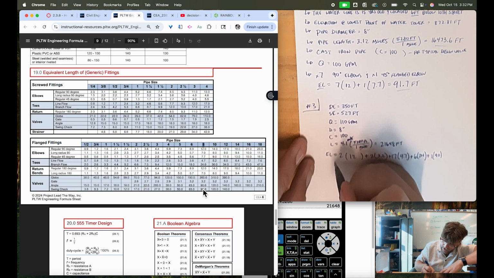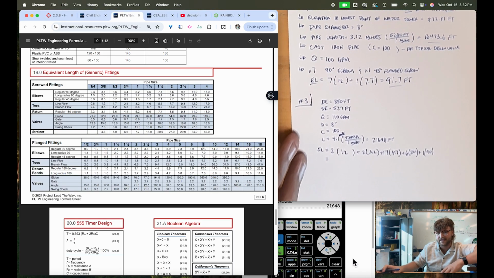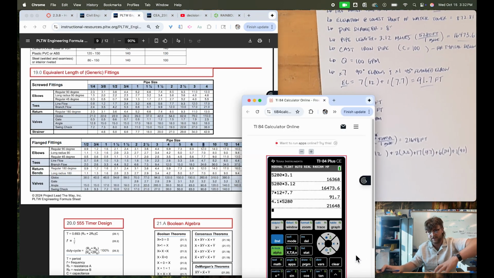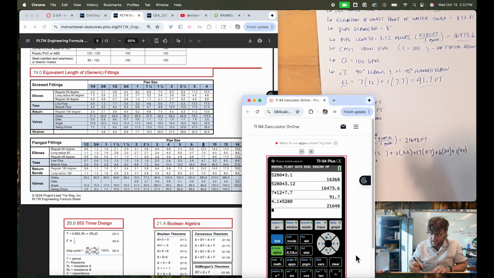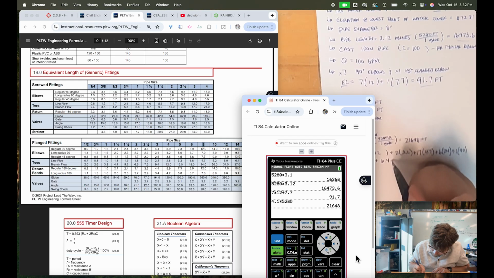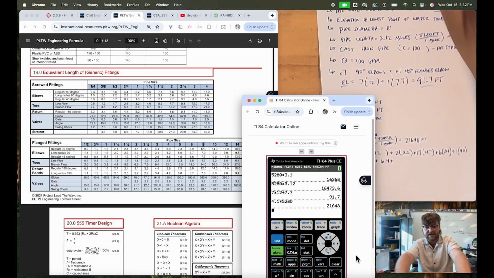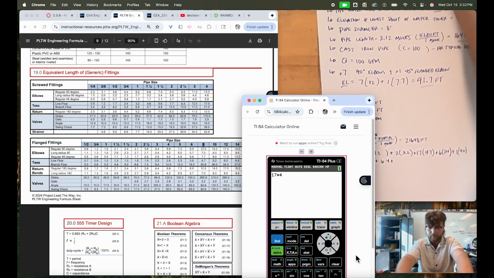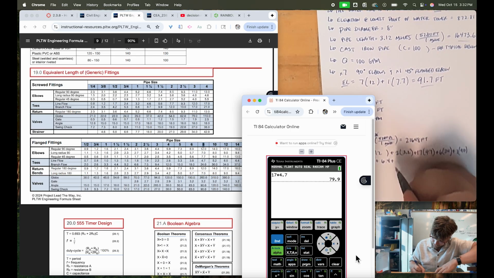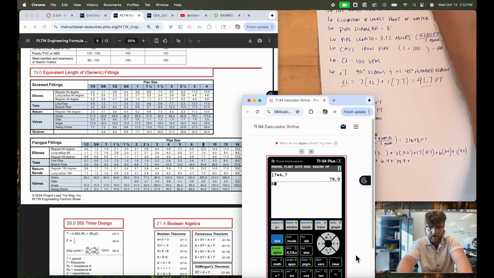Wow. So we're going to end up adding all these out. We got 2 times 12, that's 24, plus 2 times 3.2, 6.4, plus 17 times 4.7, that's going to give us 79.9. Then we've got 6 times 24.